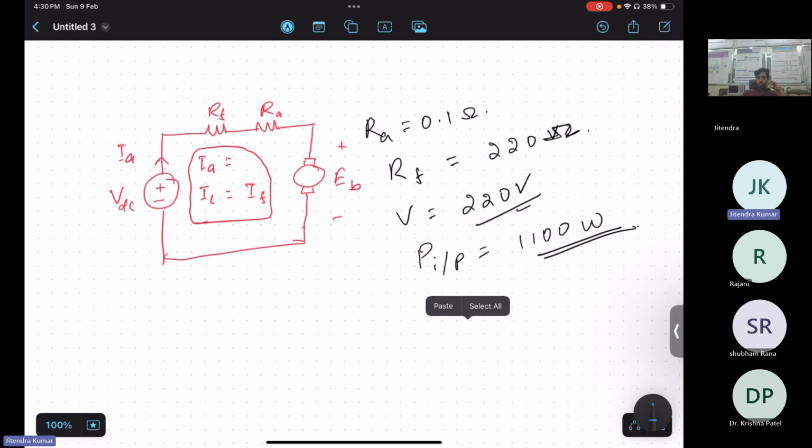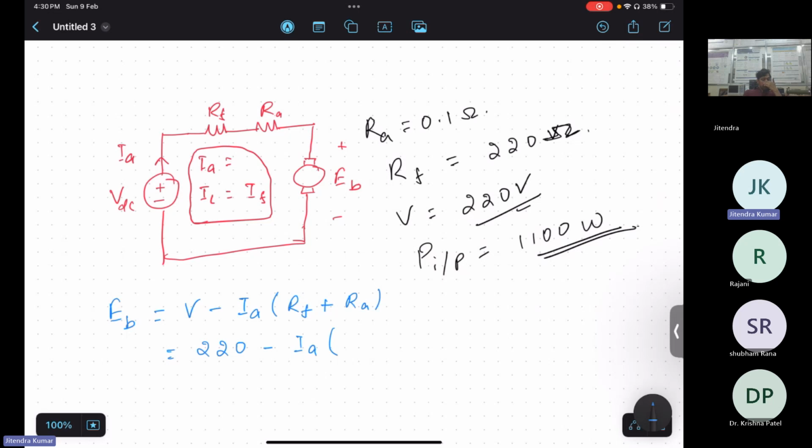So now we can calculate developed power, right? So EB will be equal to V minus IA (RF plus RA). Okay. So V is given as 220 volt minus IA, which is not provided, but we can calculate. RF and RA is given.